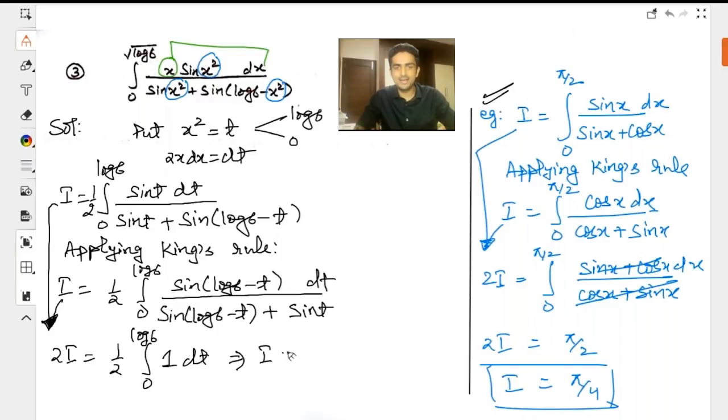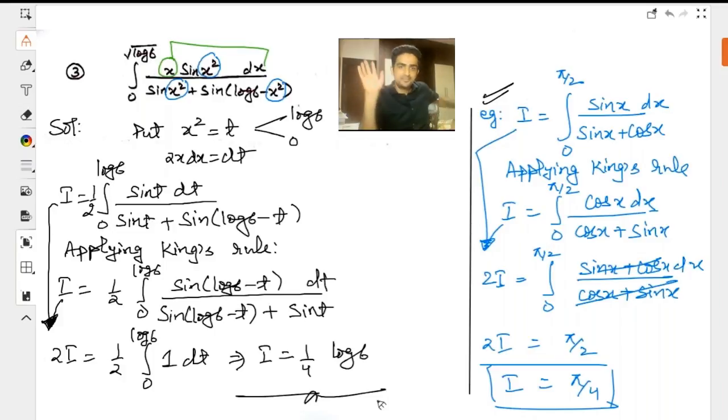So clearly my I is 1 by 4 log 6. Great. Now we have done a basic application of King's rule and we have totally digested it.